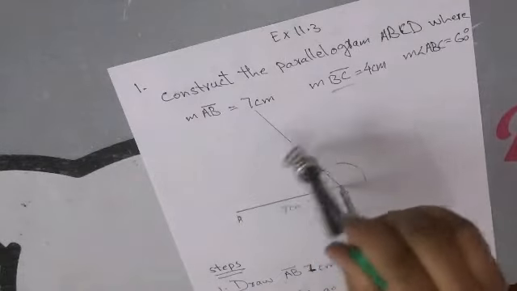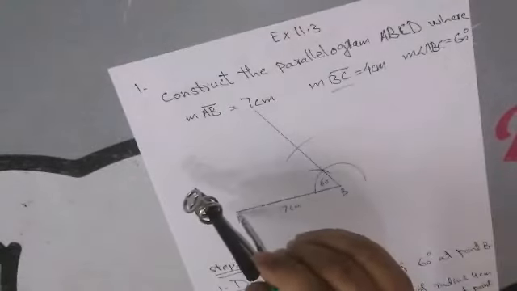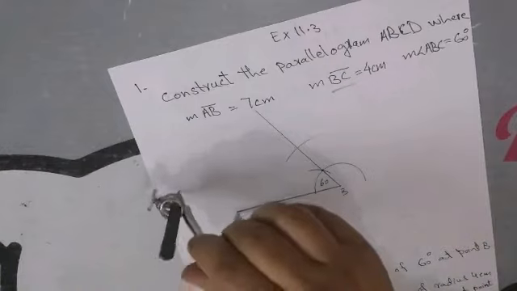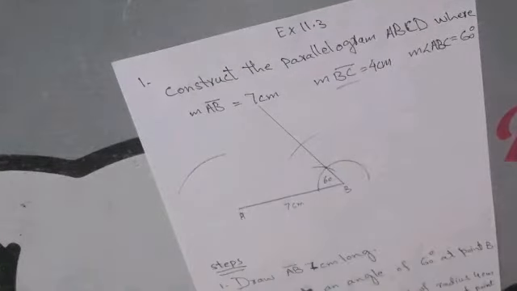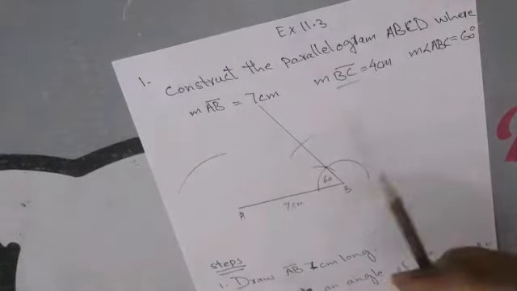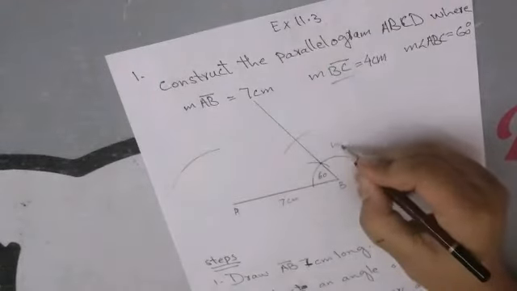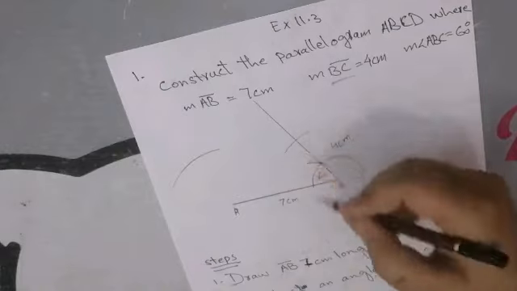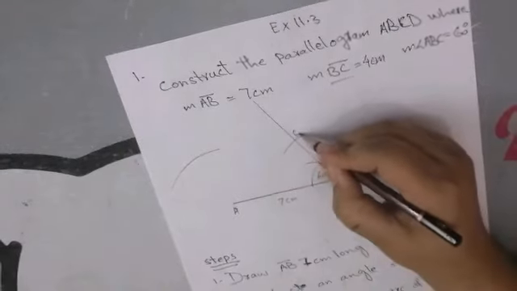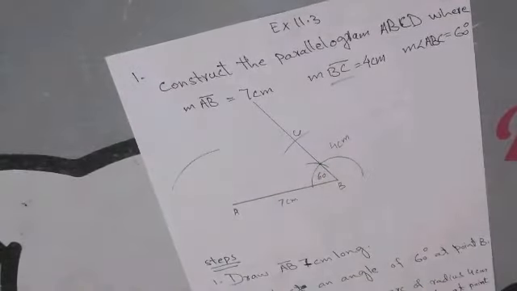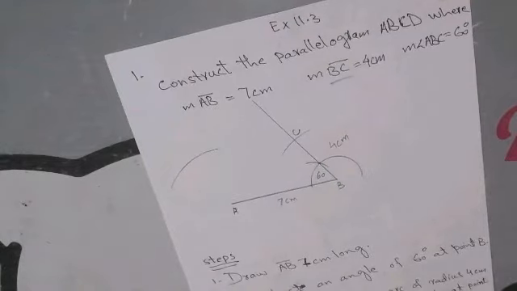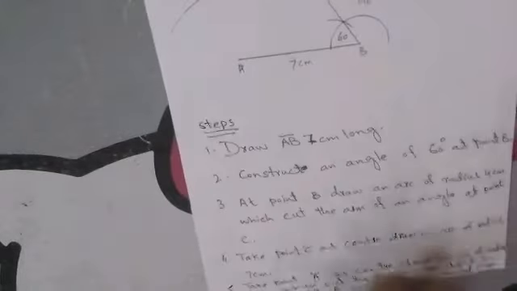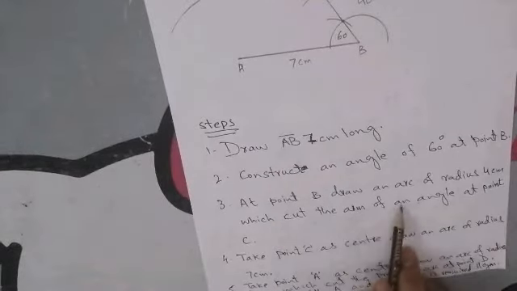So from point B you draw an arc of 4 centimeter. Also from point A you draw an arc of 4 centimeter. So for this what will you write? Where it intersects the line, the arm of the angle, you give it the name C. At point B, draw an arc of radius 4 centimeter which cuts the arm of the angle at point C.